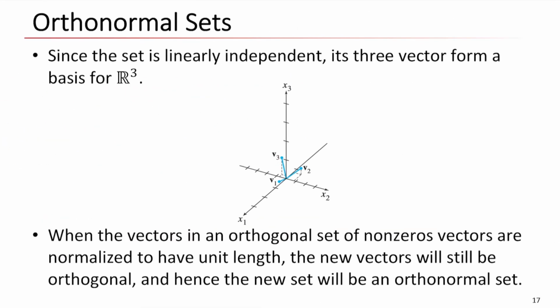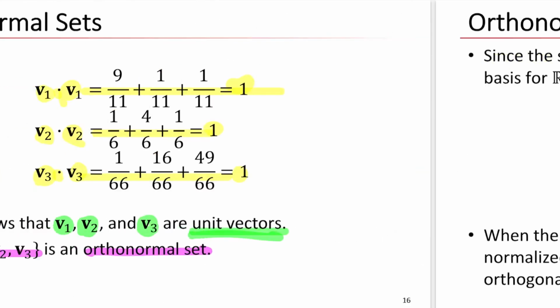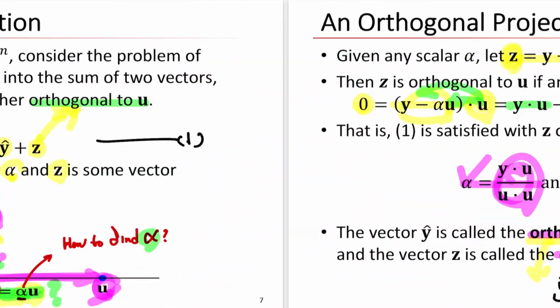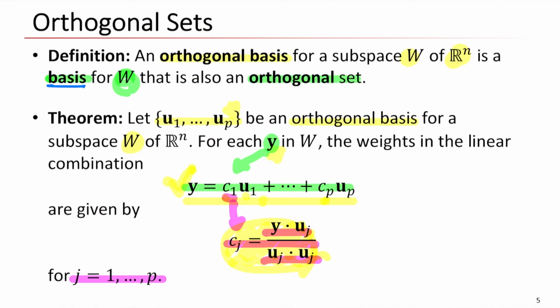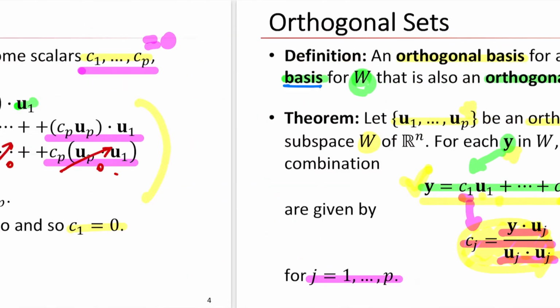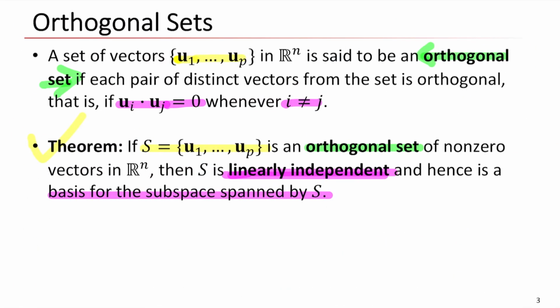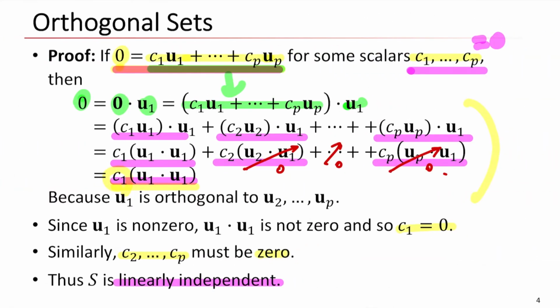Since the set is linearly independent, why is it linearly independent? From the definition here: if the set S is an orthogonal set, then S is linearly independent, from this proof.